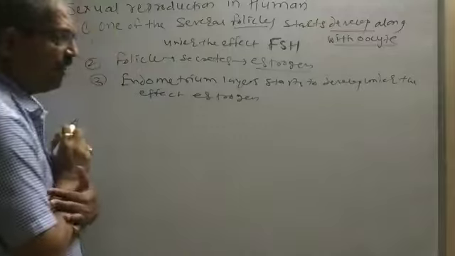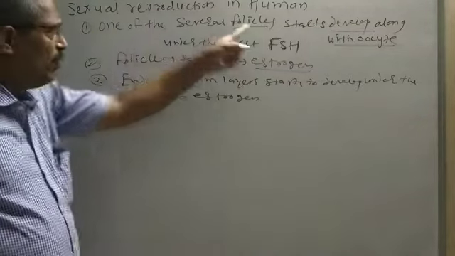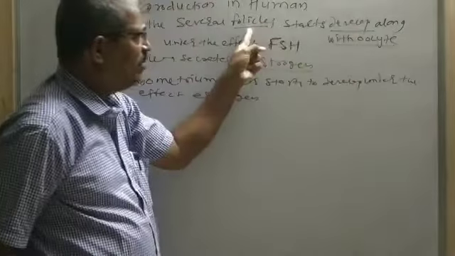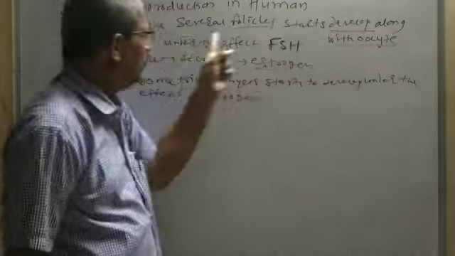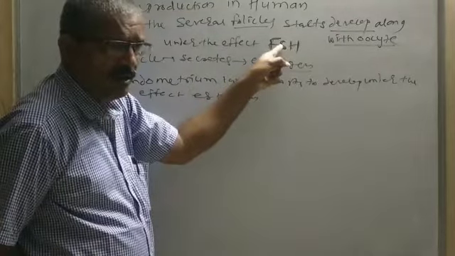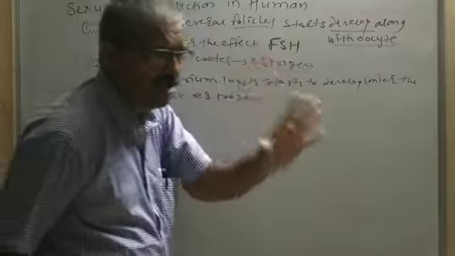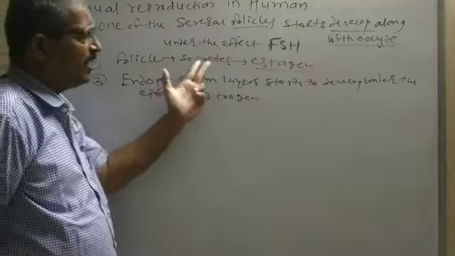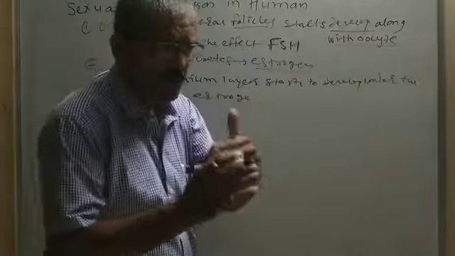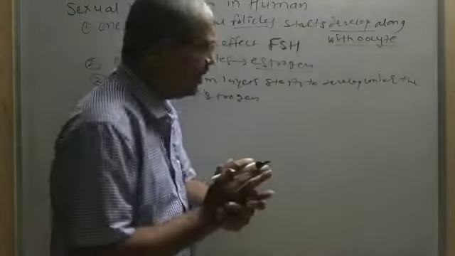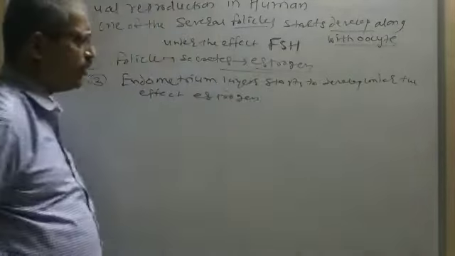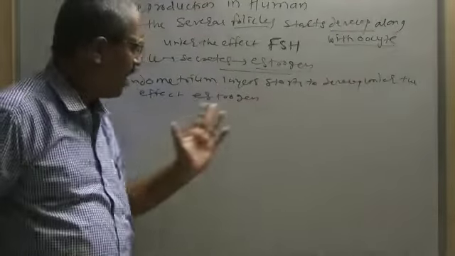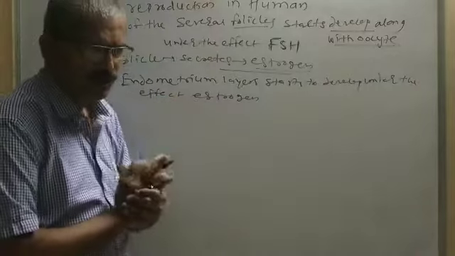First, one follicle starts to develop along with the oocyte under the effect of FSH, follicle stimulating hormone. Second step, the follicle secretes estrogen, and then the endometrium layer starts to develop under the effect of estrogen.